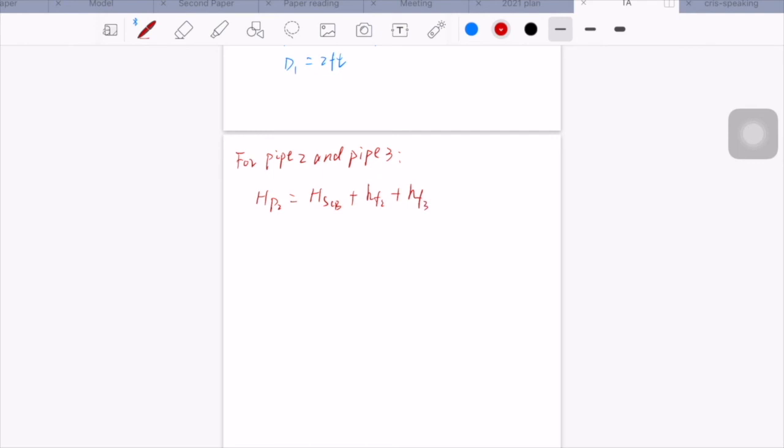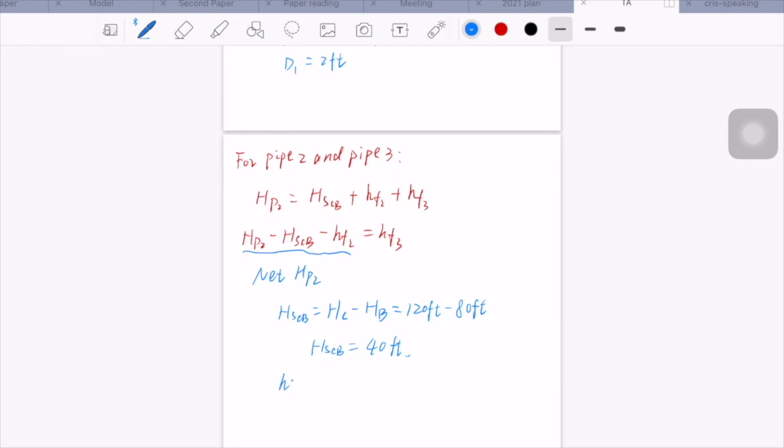We also rearrange this equation, so HP2 minus HSCB minus HF2 equals HF3. So this is the net HP2. From the problem, we know HSCB equals HC minus HB, so the value is 120 feet minus 80 feet. So we know HSCB equals 40 feet.